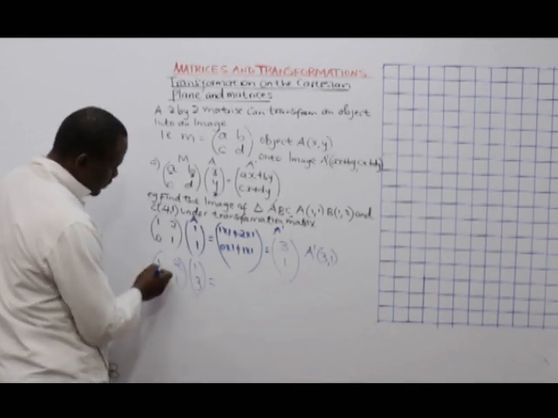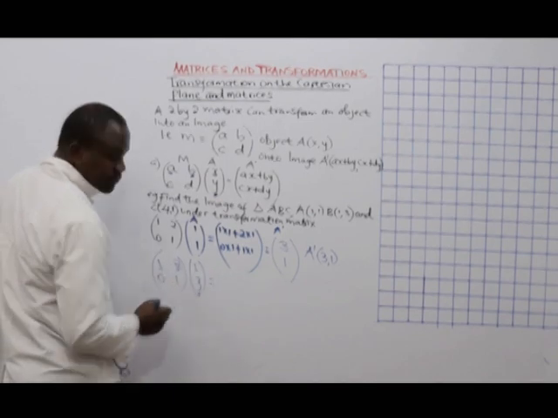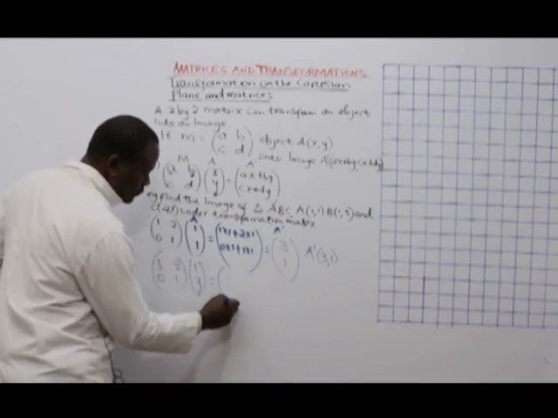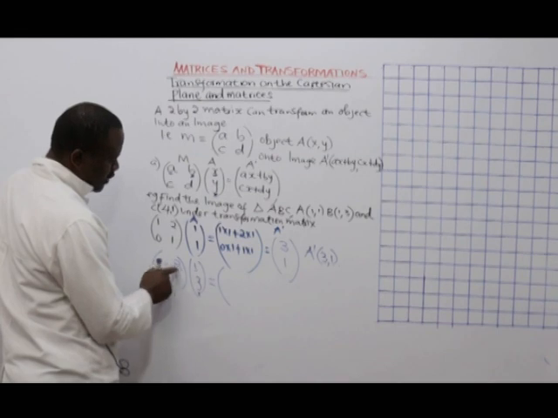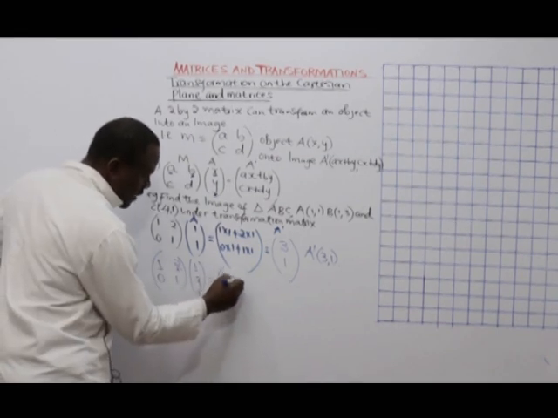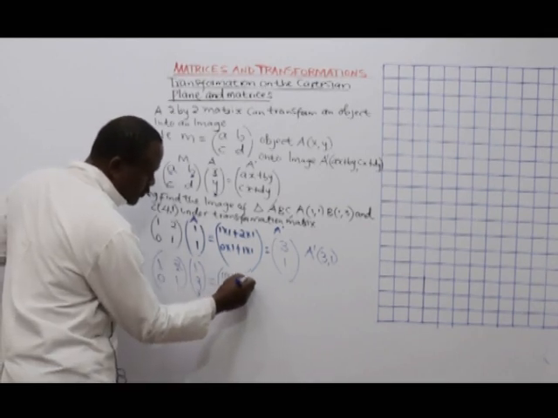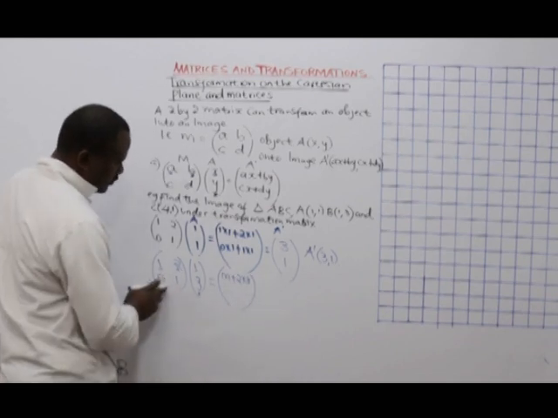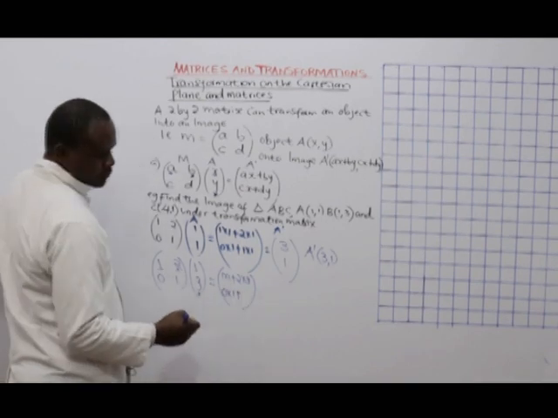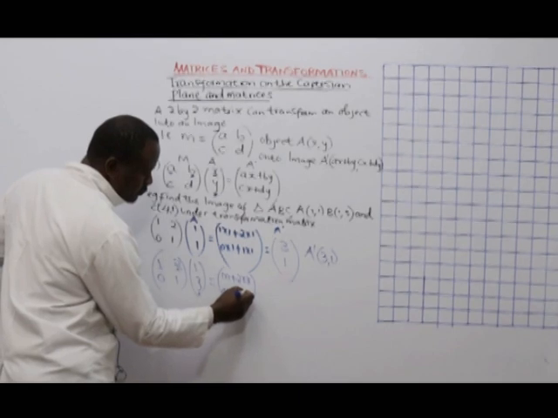We do the same, this by this one by this one. 1 times 1 is 1 plus 2 times 3. 0 times 1 plus 1 times 3.